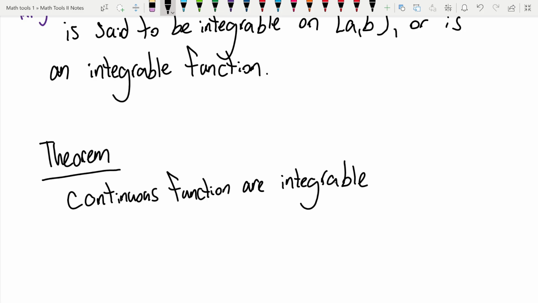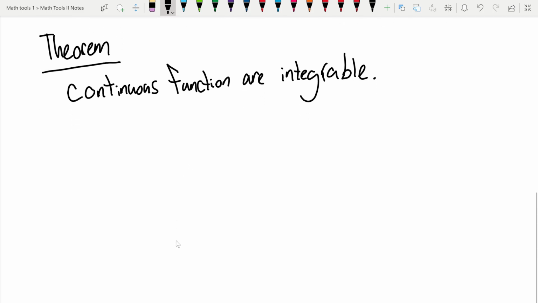Maybe not too surprising because continuous functions do tend to behave well, but we did see that continuous functions aren't necessarily differentiable, but this means that they are integrable. Let's go through an example with this. What if we wanted to take x squared and do it from 0 to 3?